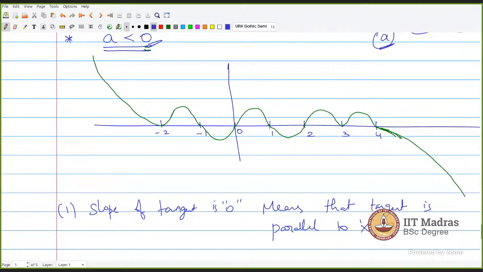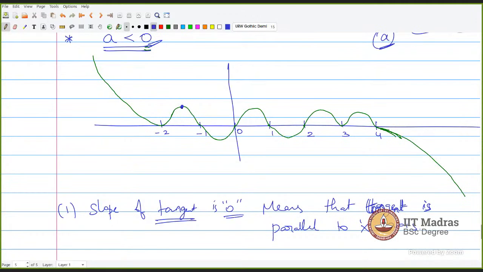Slope of that particular tangent becoming 0 means, which lines will have slope 0? Sir, all the vertices. Vertices? Turning points. Don't say vertices. Vertex is only for a parabola. Basically turning points. Point where the slope will be 0.